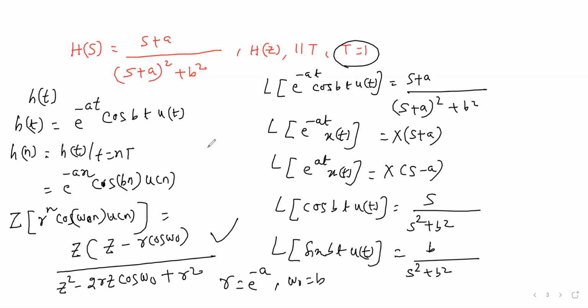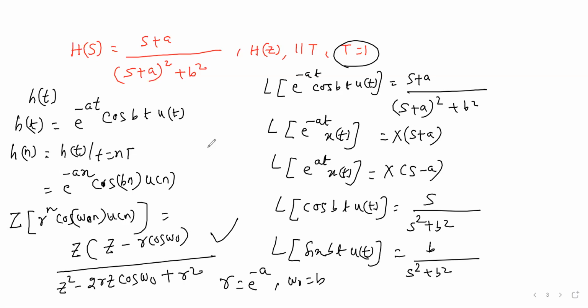Now, if they give a question, at that time it is not required to check, because the examiner who gives the question has already given it: find a digital transfer function using IIT, which means he must give a stable system. So it is not required to check stability, because the mapping is proper.